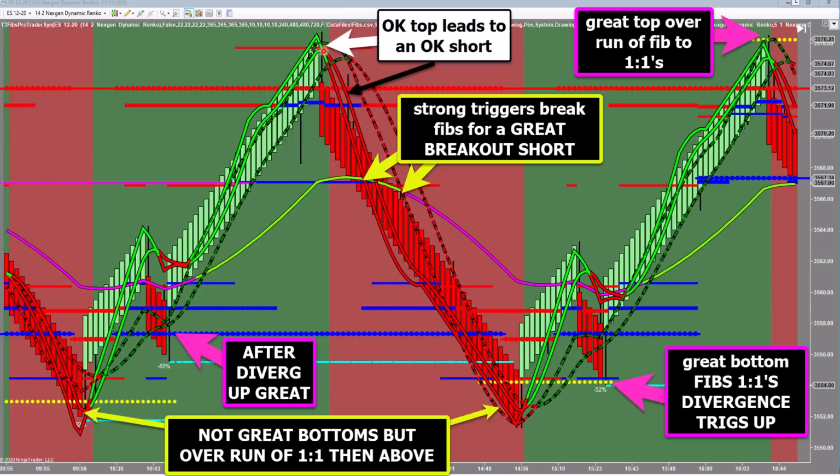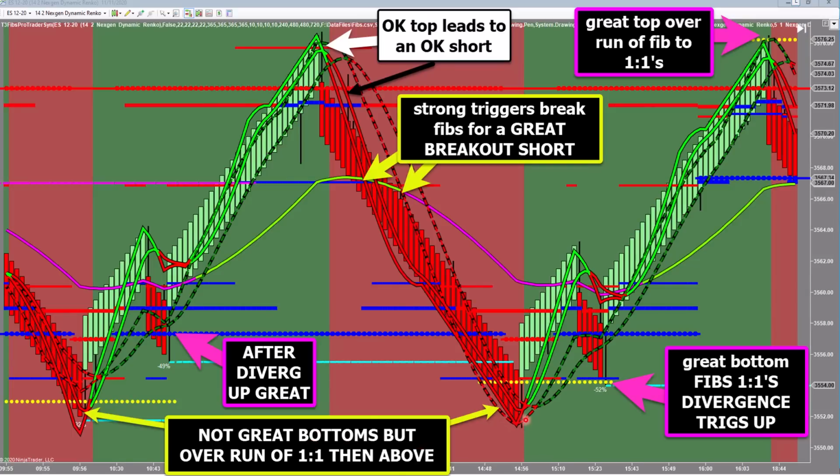And then eventually we have the edge of fibs and we have triggers rolling for shorts and we get to the mid band. And then eventually the mid band breaks and now we have breakouts, so we know we're in a strong move, so we can keep going short. And eventually we get back to the target areas and we put in another bottom that we can say is not great.